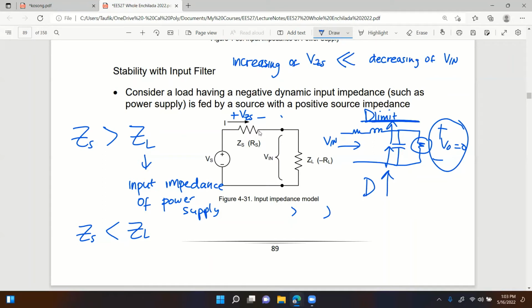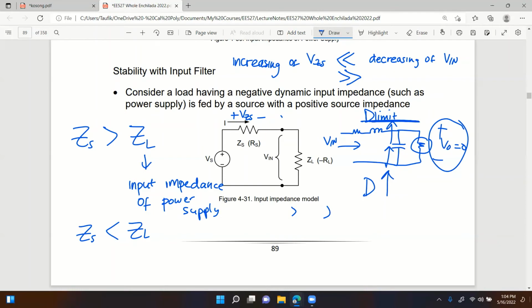Then Vin should be able to recover. The problem occurs when the increasing rate is faster than the decreasing rate, right? So Vin cannot keep up. Basically, the duty cycle of the converter cannot keep up with the increasing rate of VZS. Does that make sense?